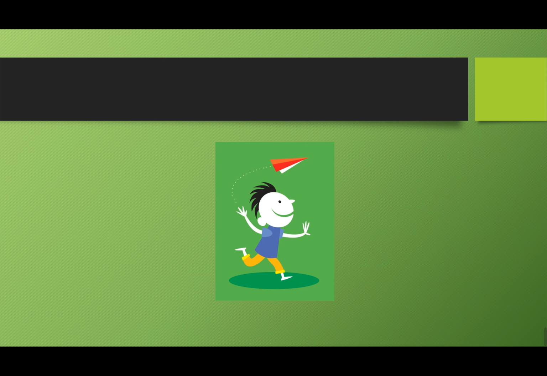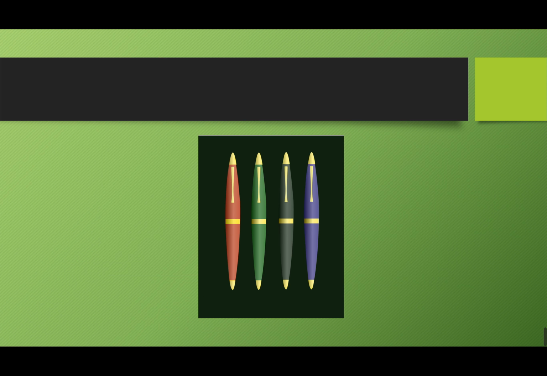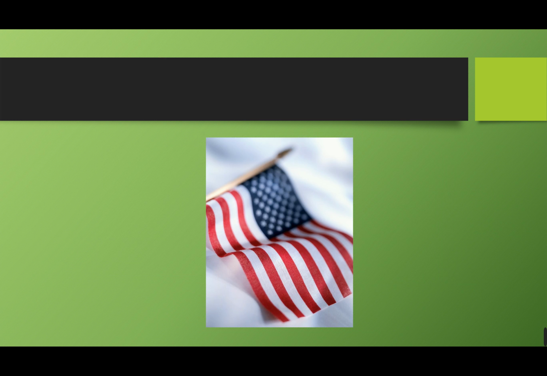El niño becomes los niños. El bolígrafo, el becomes los, bolígrafo becomes bolígrafos. La bandera, la becomes las, bandera becomes banderas.